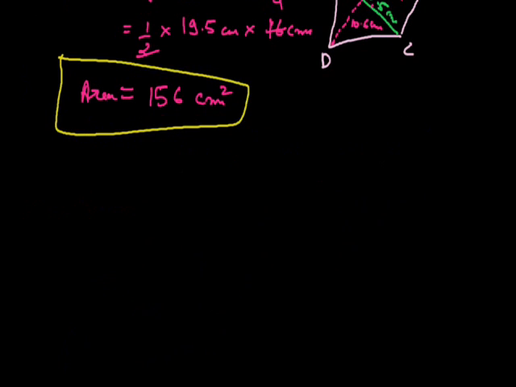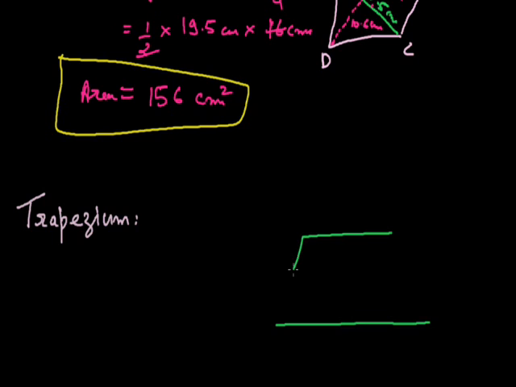Next figure that we have to study is the trapezium. A trapezium is a quadrilateral which has only one pair of sides parallel. That is, if ABCD is a trapezium, then AB is parallel to DC and AD and BC are the non-parallel sides.